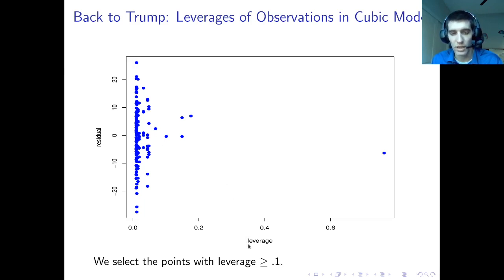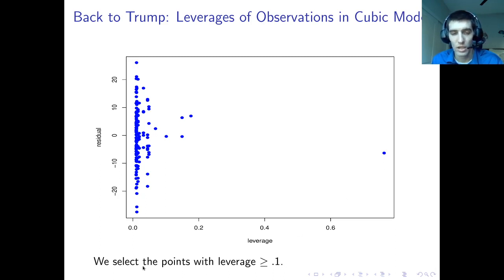Here I have leverage on the x-axis plotted against residual value on the y-axis. We have all these residuals, and whatever observation corresponds to this value has extremely high leverage. This is saying that this observation has a lot of impact on our model. If we were to change this observation, it would affect our model a lot.